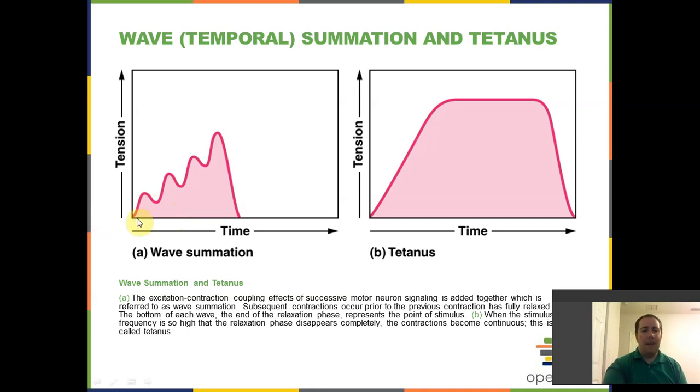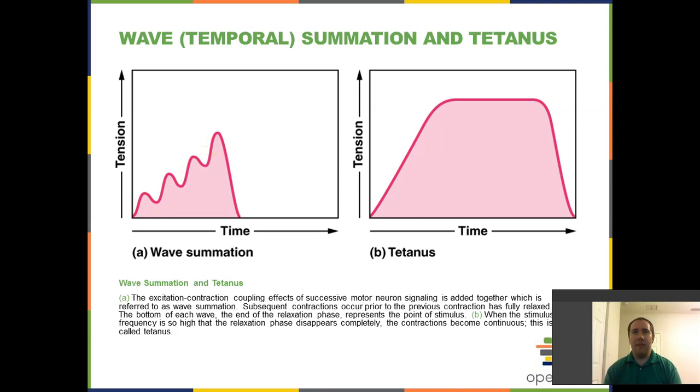But if we don't completely relax before we contract, every time we contract, we're going to go the same amount higher than where we started at the beginning of that contraction. If we didn't make it all the way down to zero, the second contraction is going to go higher than the first one. And the third one's going to go higher than the second one. And the fourth one's going to go higher than the third one. That is wave or temporal summation.